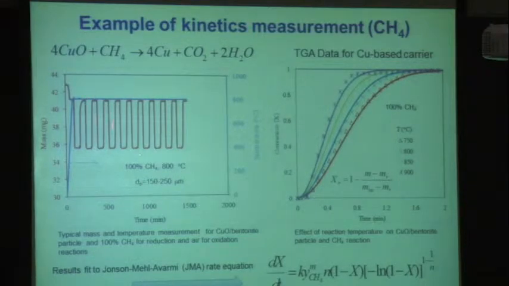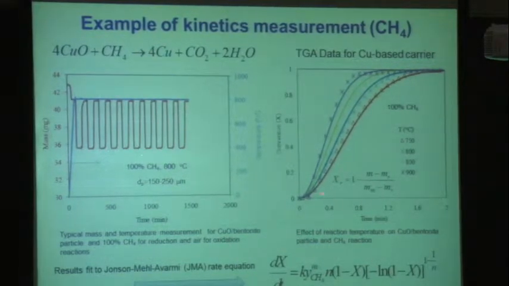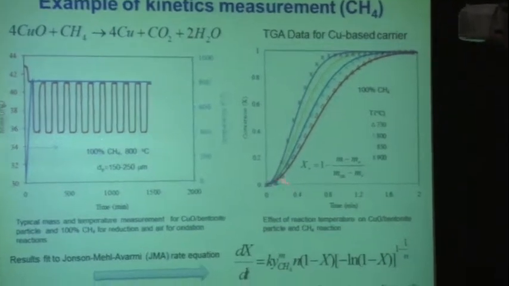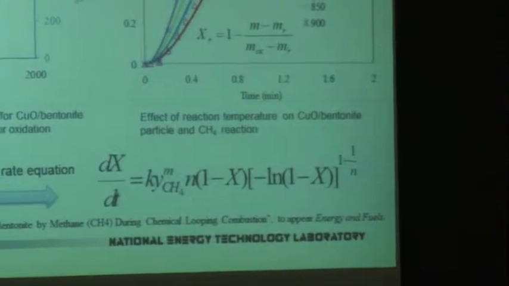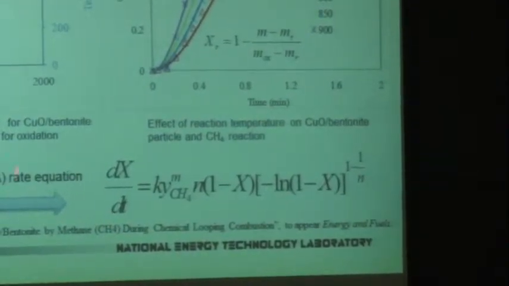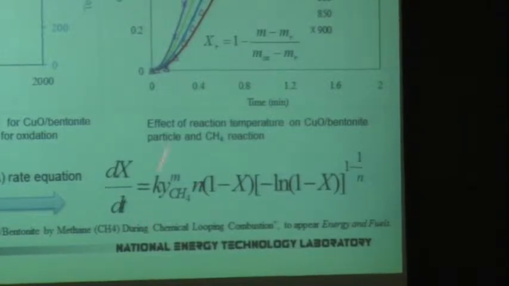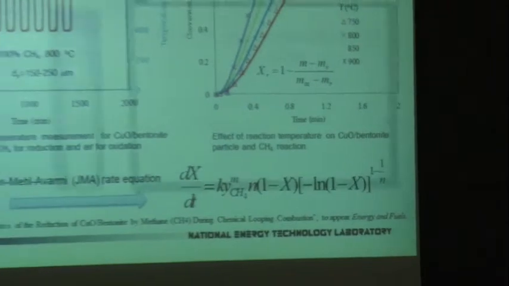You can do that cycle again and again and again, and you are then able to calculate the kinetics of the process after you run that data through a correlation. Here it is in terms of the conversion, and you can get very nice prediction of the conversion rates just by correlating the data with this particular approach. It says it's a nucleation process that drives the kinetics. So that's how you get the kinetics for the process.